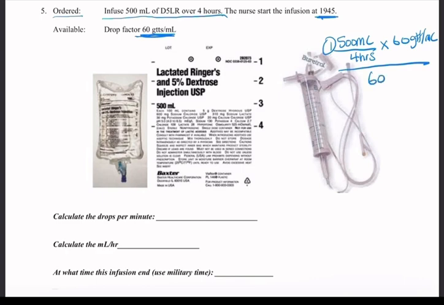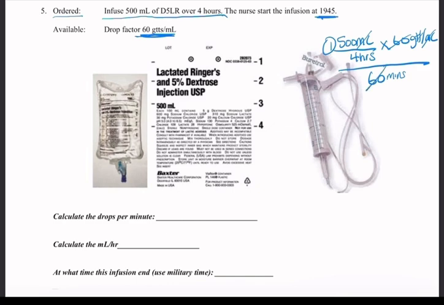What it's asking me for is to calculate the drops per minute. Based on my rounding rule, if it's greater than 4 hours, you have to divide it by 60. I don't like working with a lot of numbers, so I try to take some out. Milliliter, take out milliliter over there. Then 60 will take out that 60.